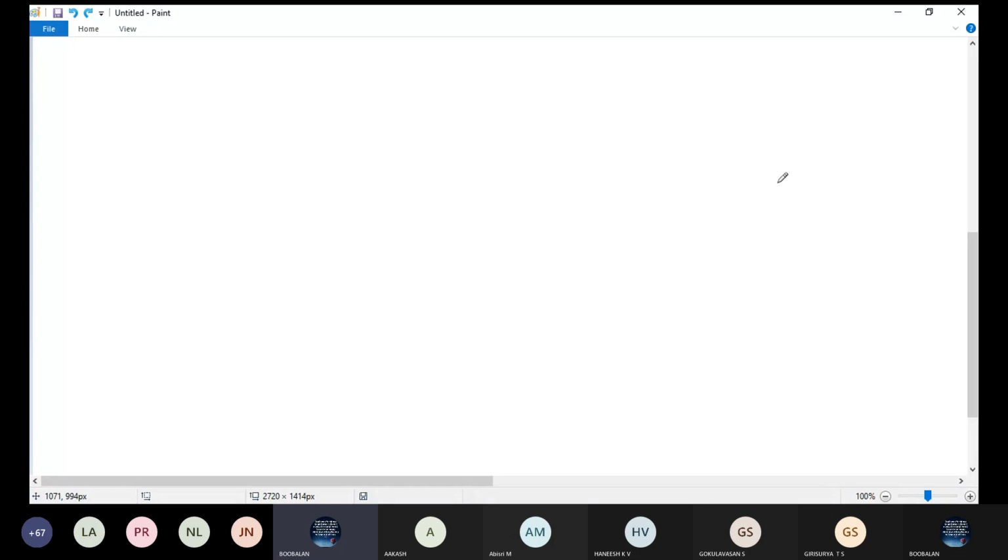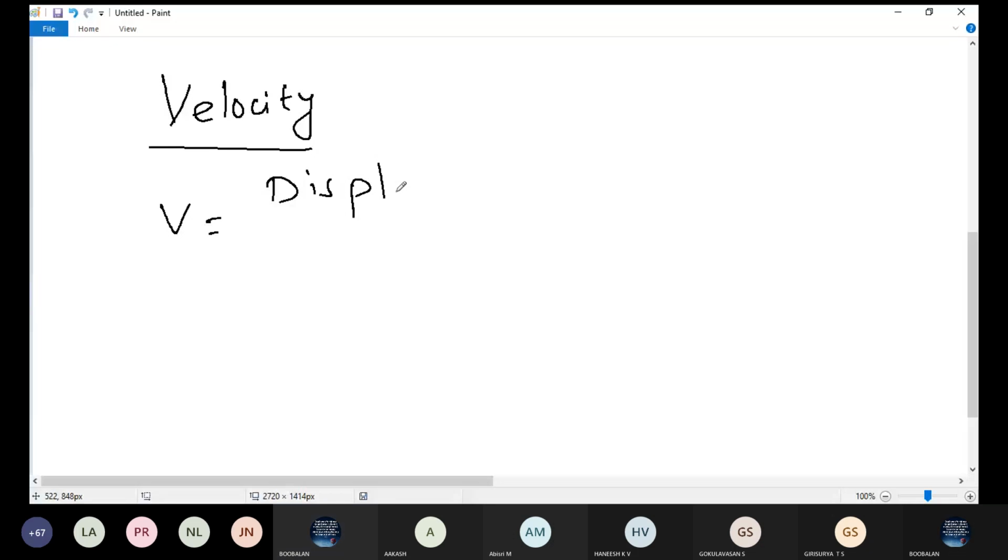Next we will discuss velocity. So velocity V is equal to displacement by time. What is displacement?